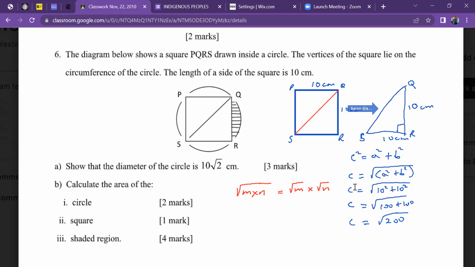Not sure if anybody has met a rule like that, but we can use it. The square root of mn is the square root of m times the square root of n. Using that rule, we can break down 200. 200 is equal to what?